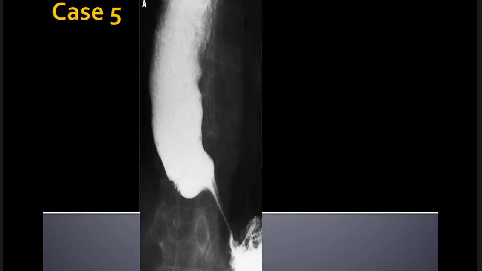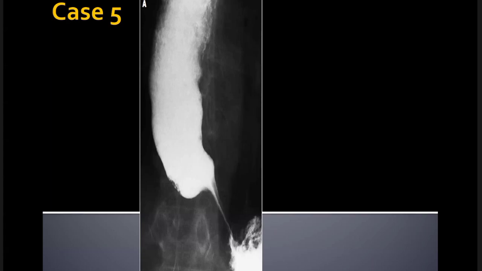stricture, i.e. pseudoachalasia, is that with true achalasia, if you're giving them a lot of contrast, and like on this image here, you can see there's quite a big contrast column, yeah? The esophagus is quite full with barium. What tends to happen is that over time, the hydrostatic pressure, because of the contrast column pushing against the lower esophageal sphincter, will overcome the tone of the lower esophageal sphincter.